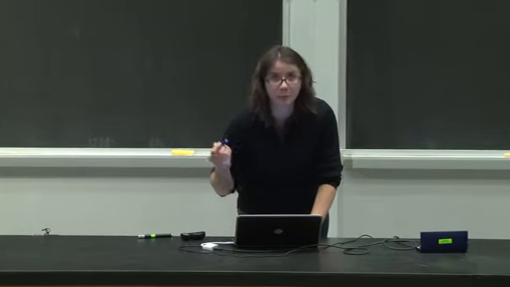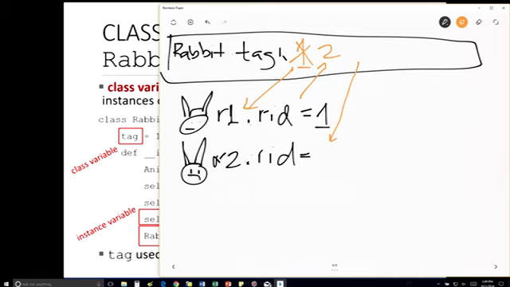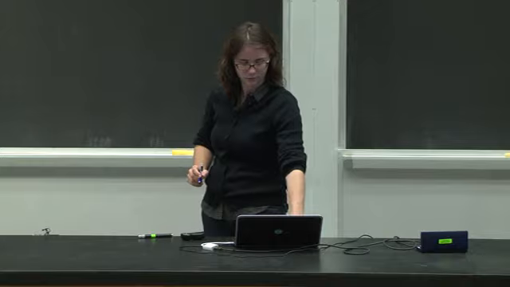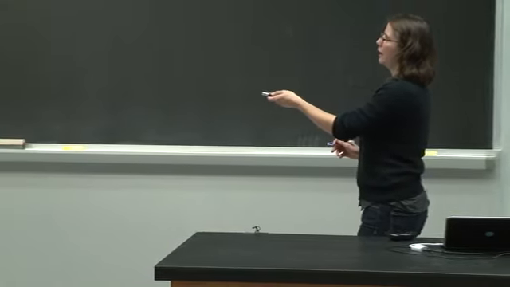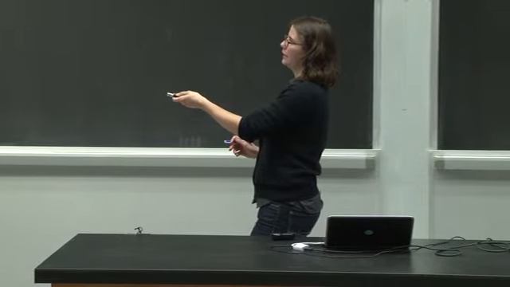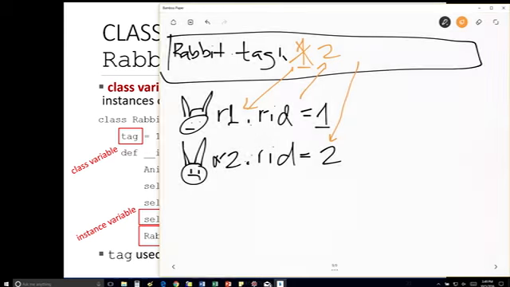It was changed by the previous creation of my rabbit, so now the value is going to be 2. And according to the code, the next thing I do after I create the instance RID is increment tag. So I'm incrementing the class variable to be 3.